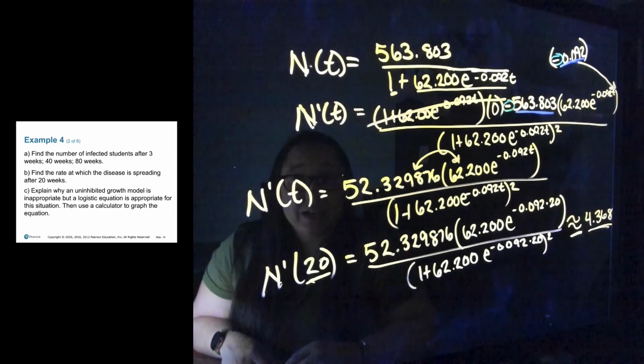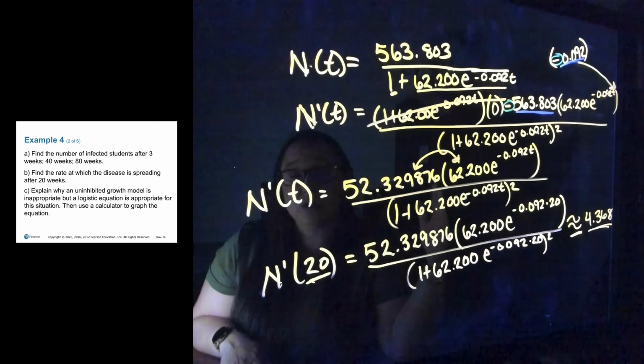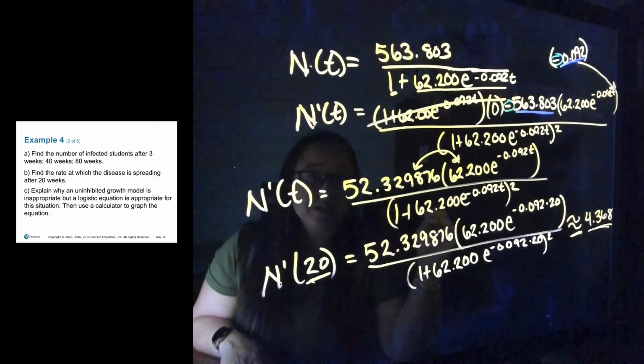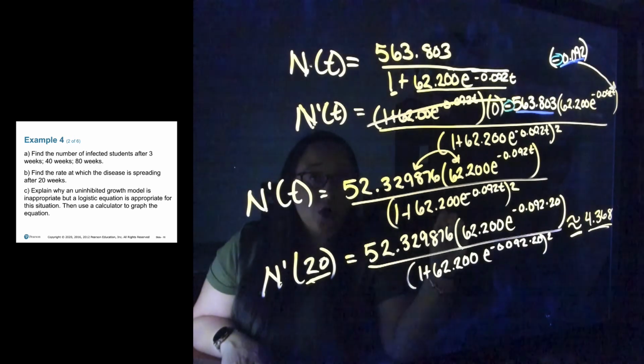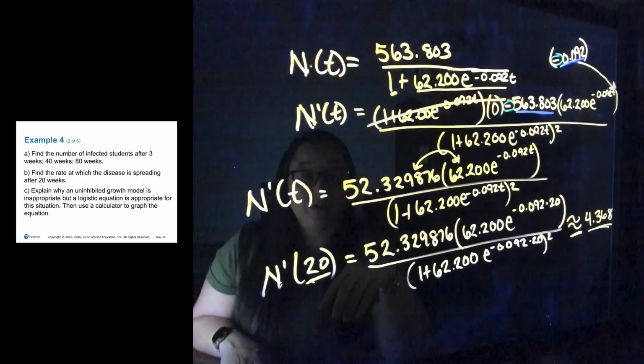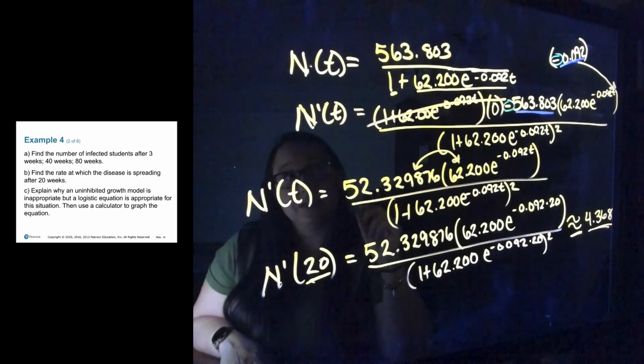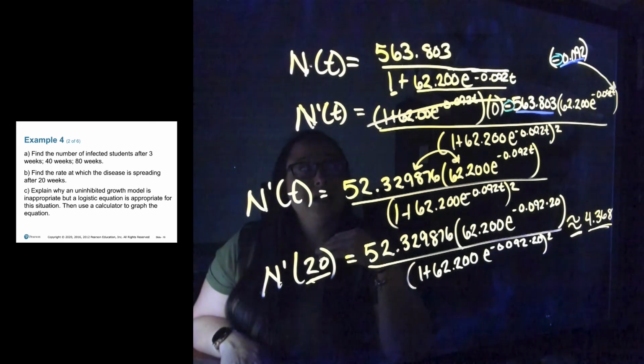If they're already infected, there's less number of people for the disease to infect on campus. So as that happens, the rate at which this disease spreads on campus decreases. So therefore, this logistic function is the best for modeling this situation.